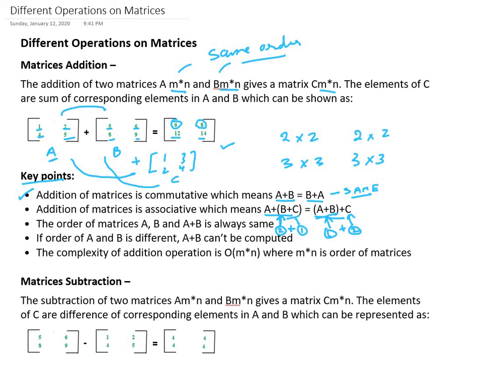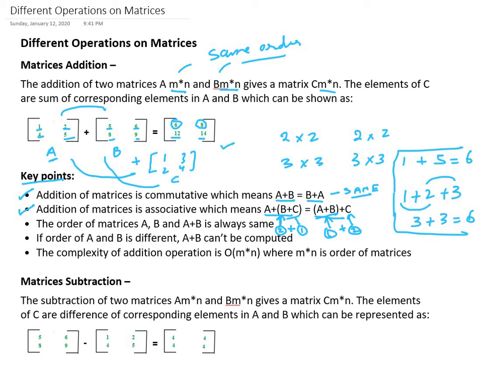Like in normal numbers, if we have to find 1 plus 2 plus 3, even if we add 1 with 2 first, it becomes 3. 3 plus 3 will give us 6. Or if we add 2 with 3, it will give us 5, and 1 plus 5 will also give us 6. So similarly matrix addition is also associative, right?